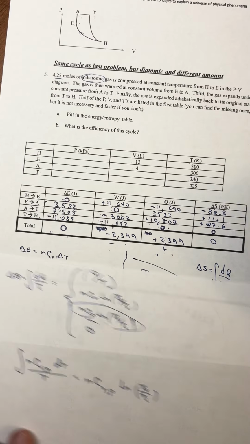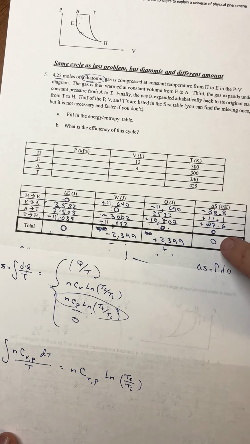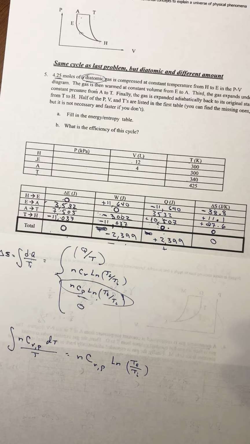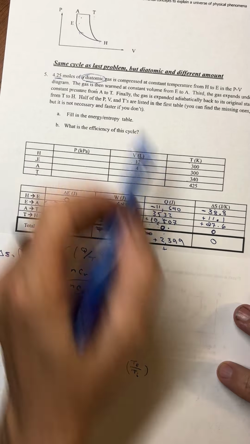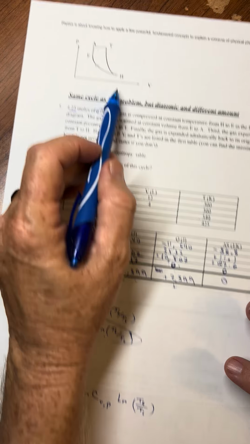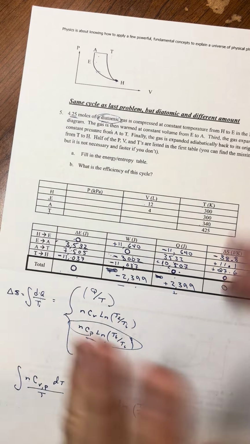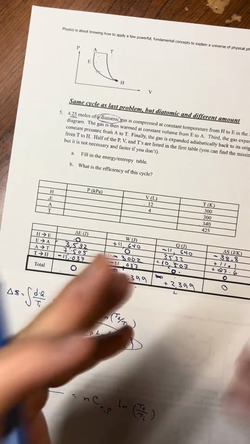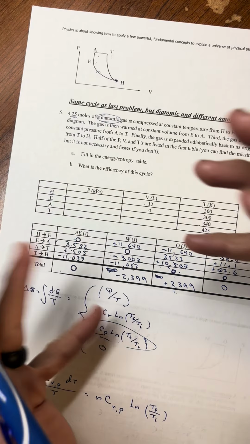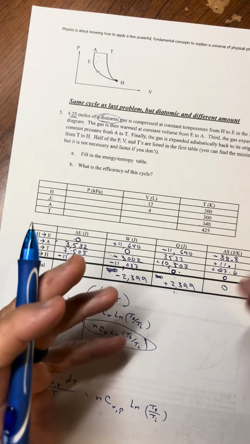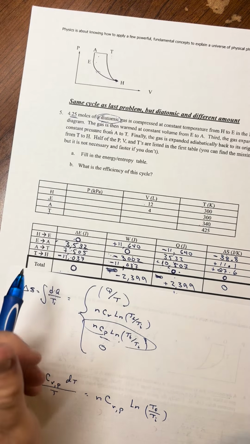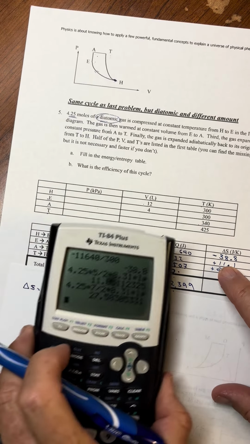And as we mentioned earlier, these should add up to 0, because ultimately we get back to H. When we get back to H, we're going to be at the same temperature, so they have the same distribution in terms of their random movement, but they're also at the same volume, so they have the same disorganization in terms of their volume. And sure enough, that's looking really good.